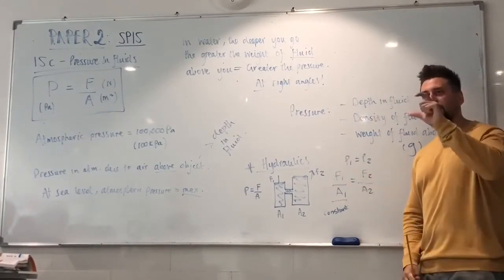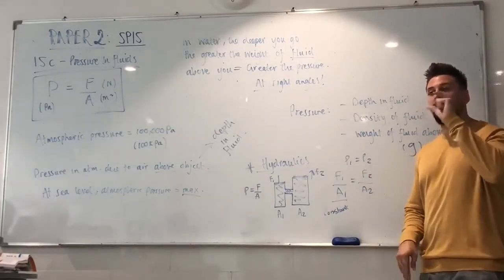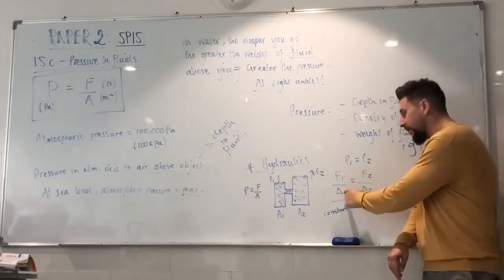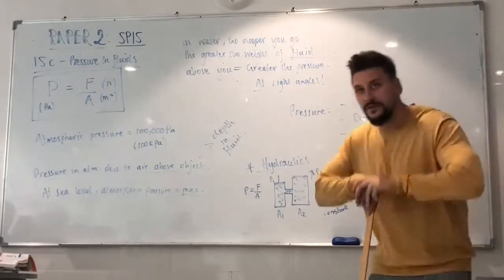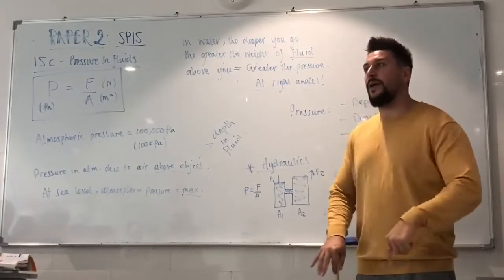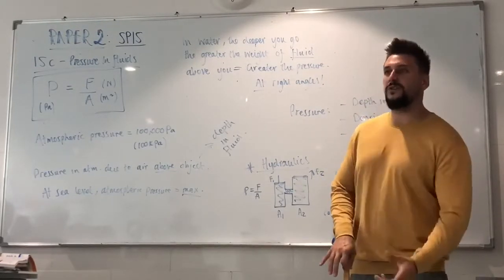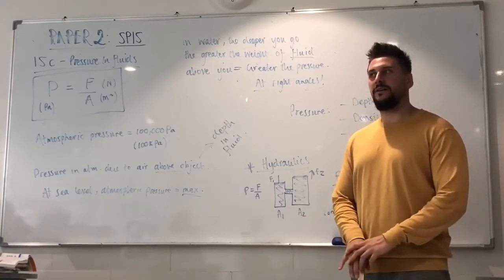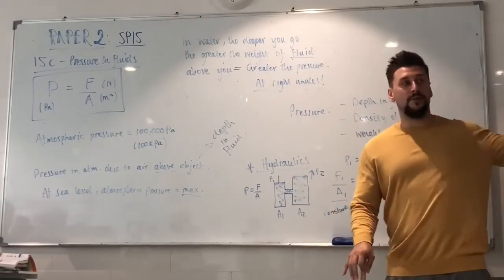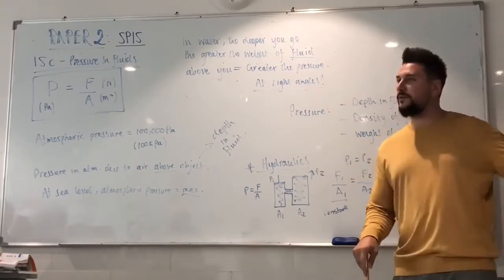If you have a fraction and you need the value of your fraction to be constant, because F1 over A1 is fixed, I apply a force, 10 newtons, the area that I'm applying it on is 2 meters squared, that's fixed. It's 10 newtons over 2, it's 5. Now that has to be the same pressure on the other side, because it's connected by the fluid.